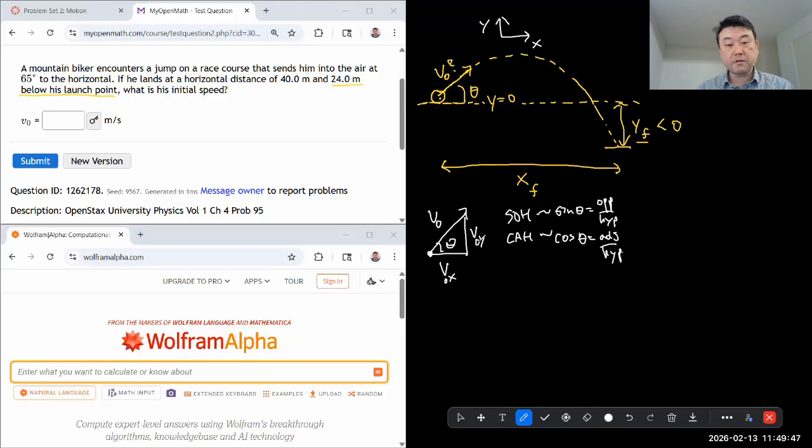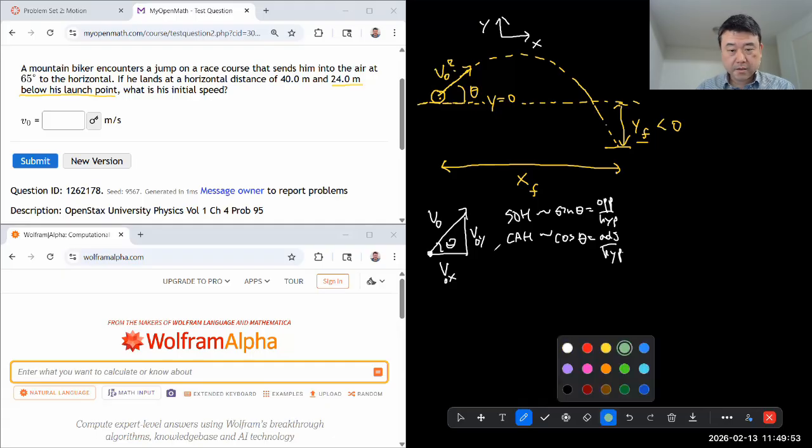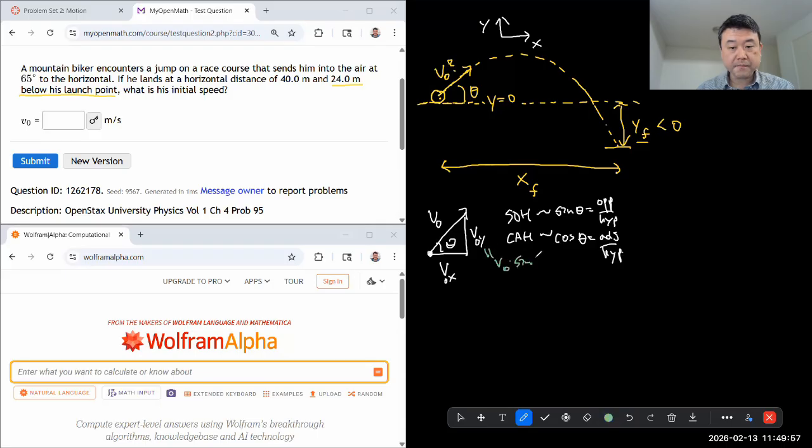The ratio of the y component to the hypotenuse is sine theta. So when you go through the algebra, this ends up being the hypotenuse times sine theta. And this x component, which is adjacent, so adjacent over hypotenuse was cosine theta, ends up being the hypotenuse times cosine theta.